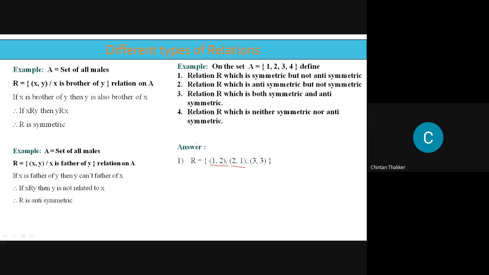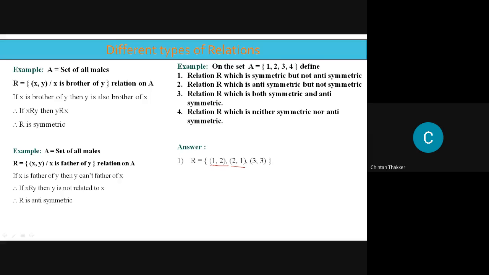Now write one more relation on set A which is symmetric but not anti-symmetric. 1, 2, 2, 1, 4, 4. Right?